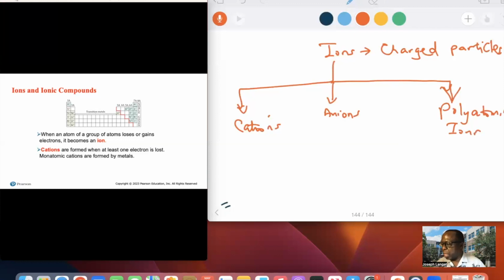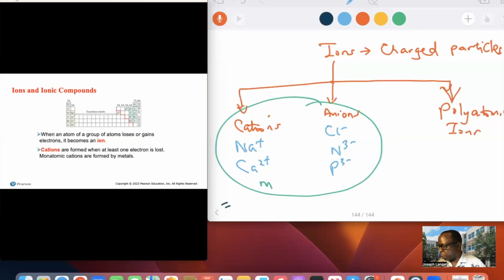Cations include such things as Na positive, Ca2 positive. We covered in the slide, you can see from there, this can be negative, N3 negative, P. These right here are what we call monoatomic, so that you know what is meant by mono.